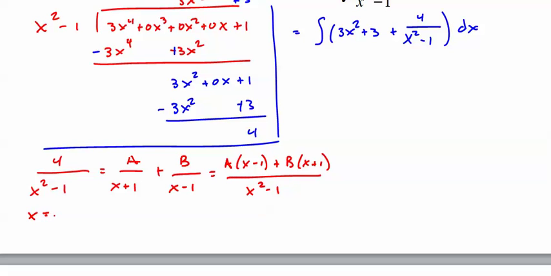I'm really going to do this one on the fly. X equals 1. We get 2 times a equals 4, a equals 2. X equals negative 1. We get negative 2b equals 4. B equals negative 2.